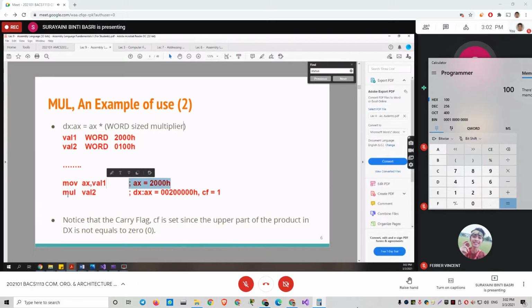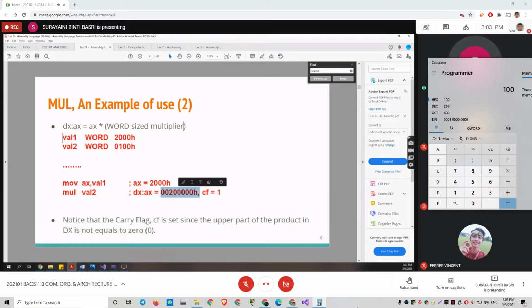You need to put the multiplication instruction right after the first instruction when you move the value 1 into the AX. Then you can just multiply it with the value 2. With this instruction, the computer already knows that this value 2 must be multiplied with AX. Okay, so this is how you can do multiplication.